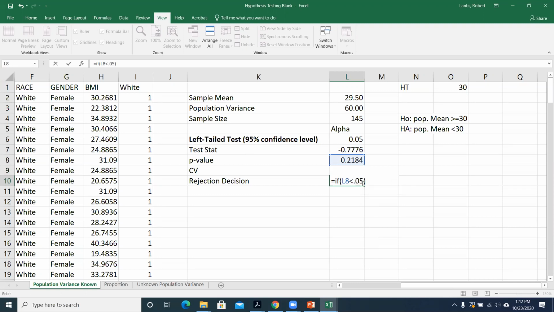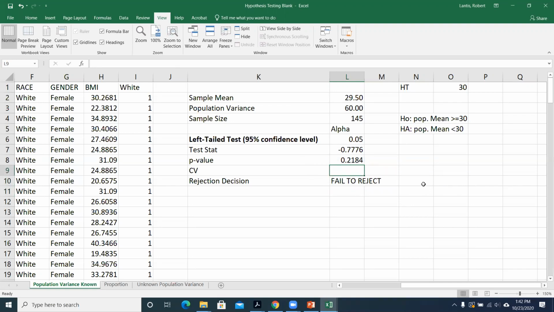If that's true, put reject. If that's false, put fail to reject, separated by commas there. I'm only going to do this for one level here, which is the 95% confidence. You could set it up similar to the first one that we did and do several alphas by setting up column headings and copying it across. But here we're just going to do one level.